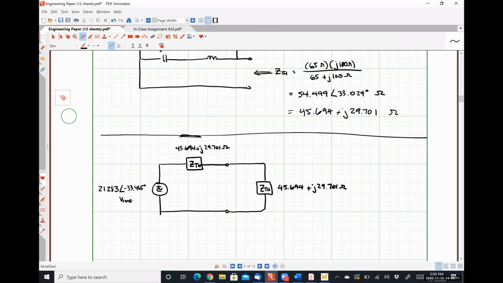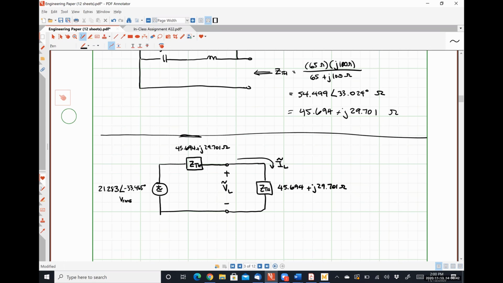All right, so we want to know the complex power absorbed by ZL when ZL is equal to 45.694 plus j29.701. So we can determine that by figuring out what the RMS voltage over the load is and or figuring out what the RMS current flowing through the load is.